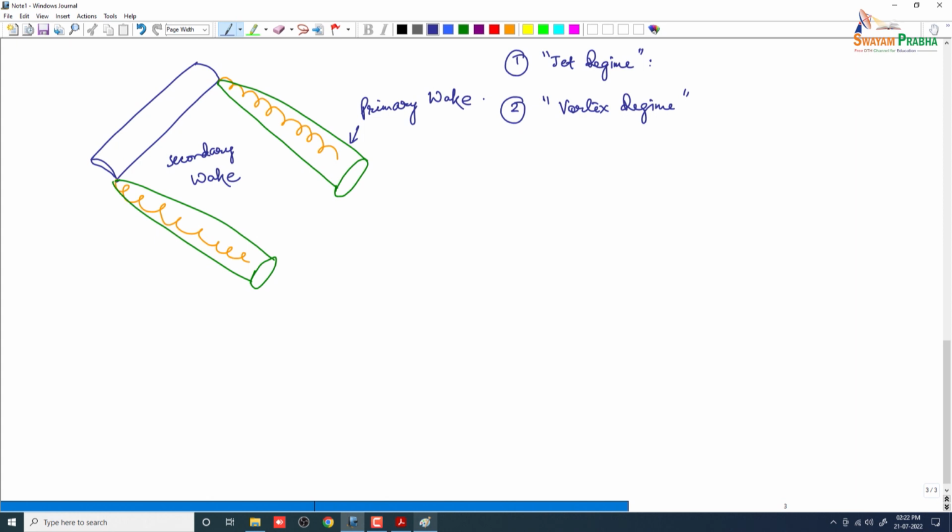Some of the exhaust is also entrained in the secondary wake. And finally is the dissipation regime. This is essentially organized vertical motion that breaks up into turbulence, and its energy dissipates.